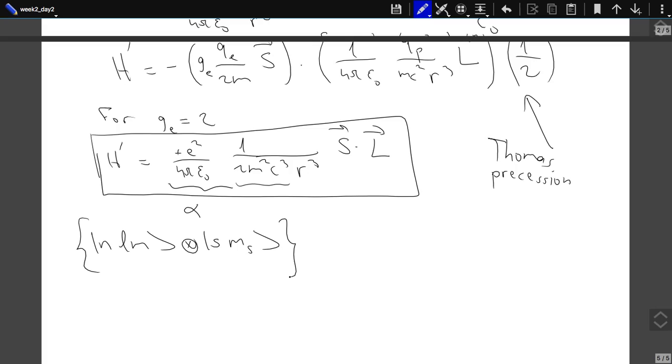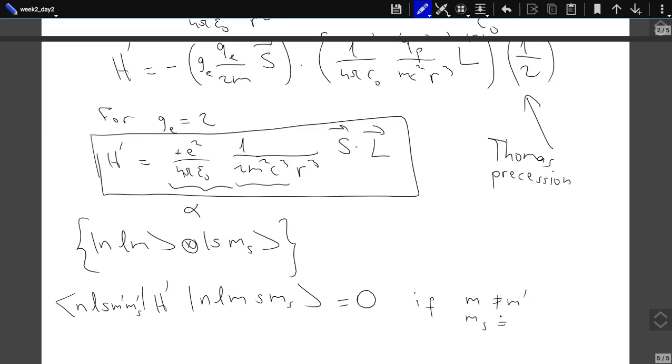Now the question is, we have problems in degenerate perturbation theory if this matrix element, n, l, m, m_s, and since we are doing degenerate, n should be the same. Let's also put the same l and s, m prime, m_s prime. Can we say that this is 0 if m is not equal to m prime, m_s is not equal to m_s prime?